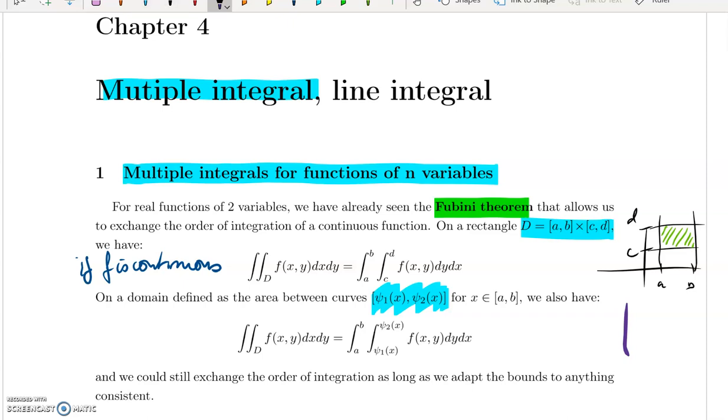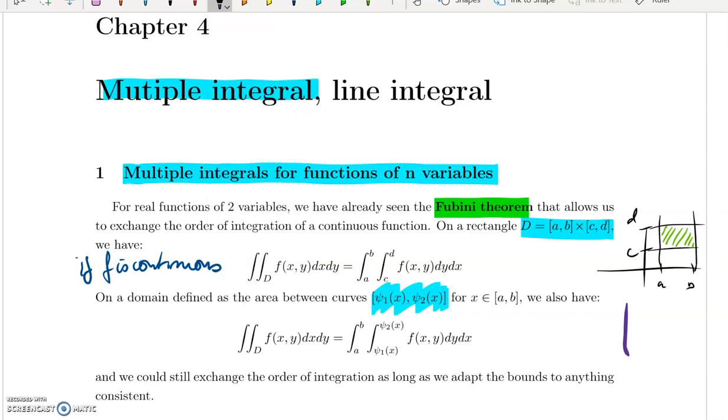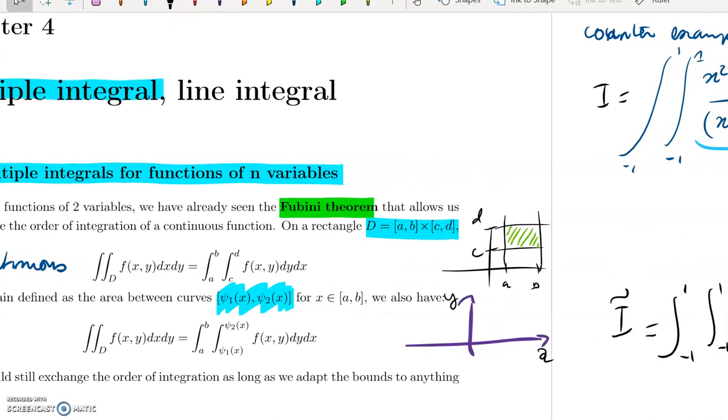Let's assume this is x, this is y, and now I'm going to define two nice curves, which according to my notation are psi1 of x and psi2 of x, over [a, b].